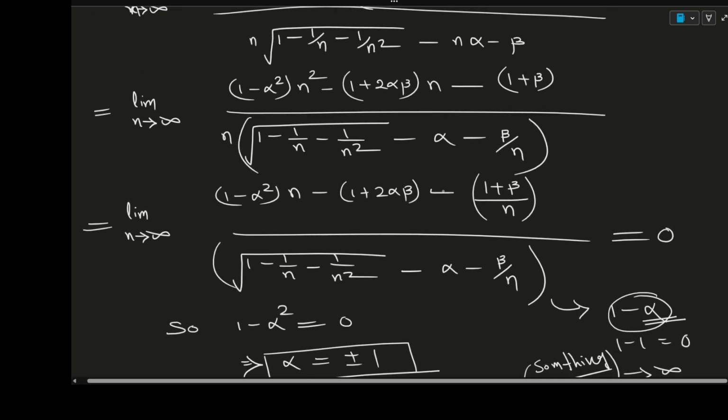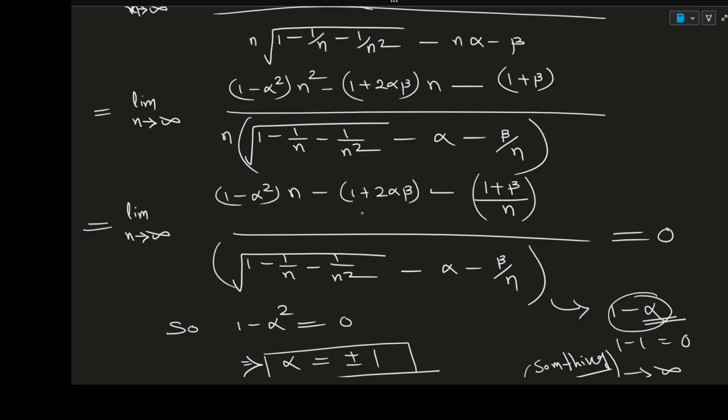Now we take the value of alpha as minus 1. But we have to ensure that the limit of this function is equal to 0. So when n tends to infinity, this term goes to 0, and as we have taken alpha as -1, this one also goes to 0. If this term will be 0, then the limit of this function will be 0 when n tends to infinity.